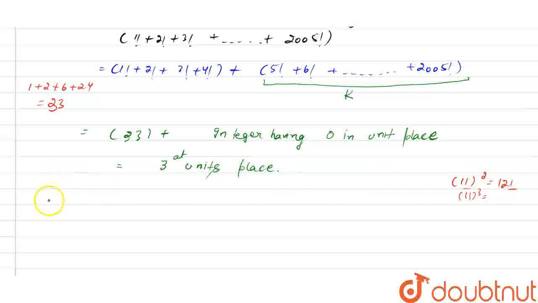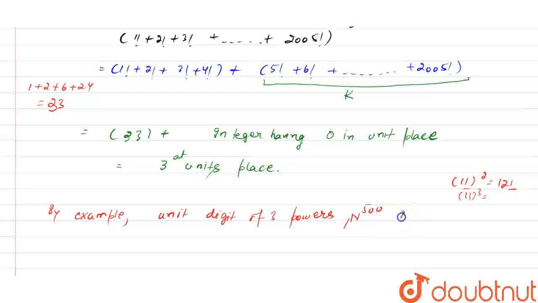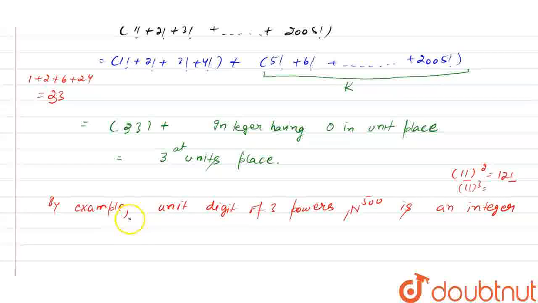Similarly, by example, the unit digit of powers of 3, where n raised to power 500 is an integer, we know that this will be an integer having 1 in its unit place.